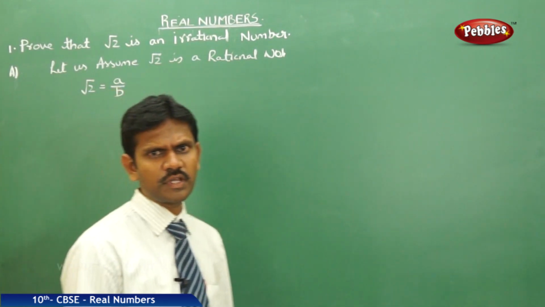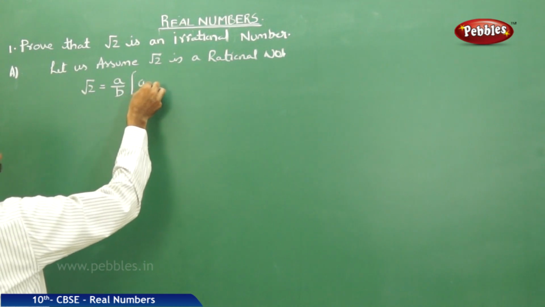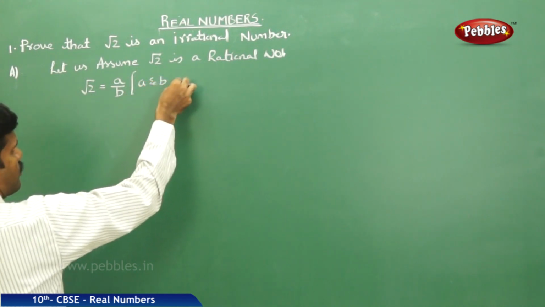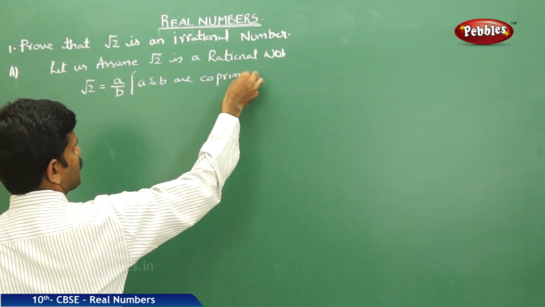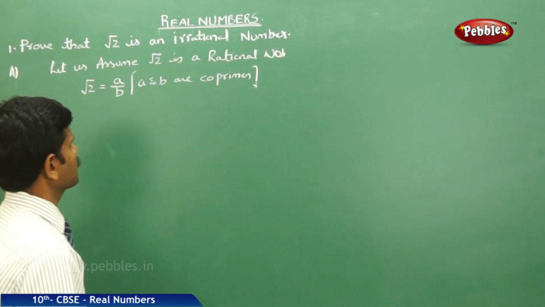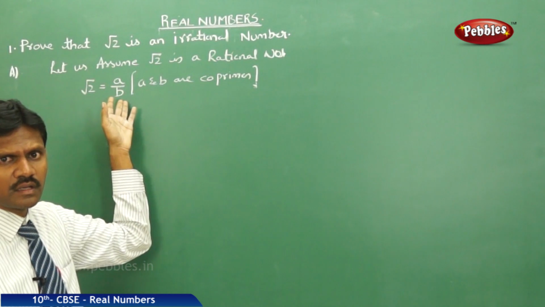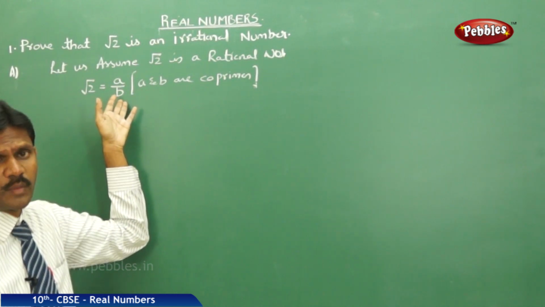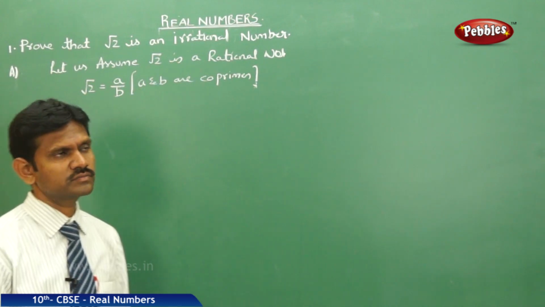That is, root 2 is equal to a by b. Clearly here one condition, a and b are co-primes. What is the meaning of co-primes? A and b do not have common factors except one. That is called a standard fraction.